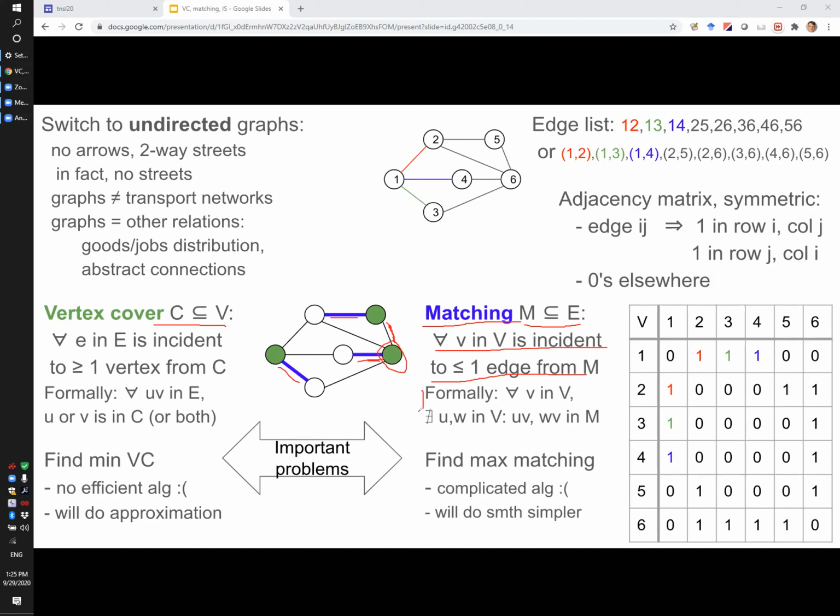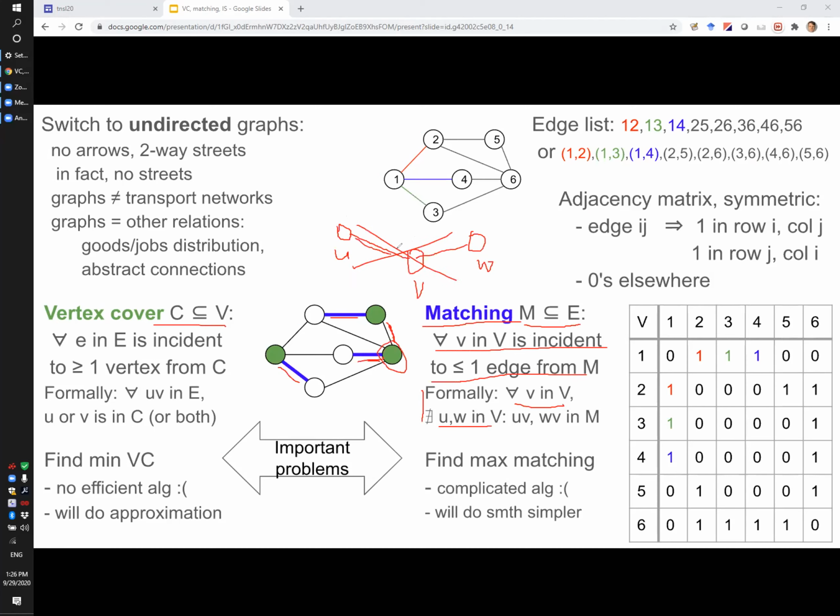Or here is yet another formal definition. For any vertex V, you will not find two vertices U and W such that both this edge and this edge are in the matching. So this is bad.